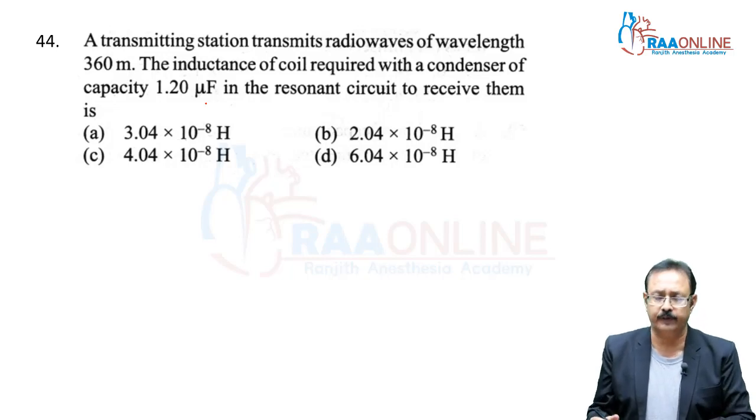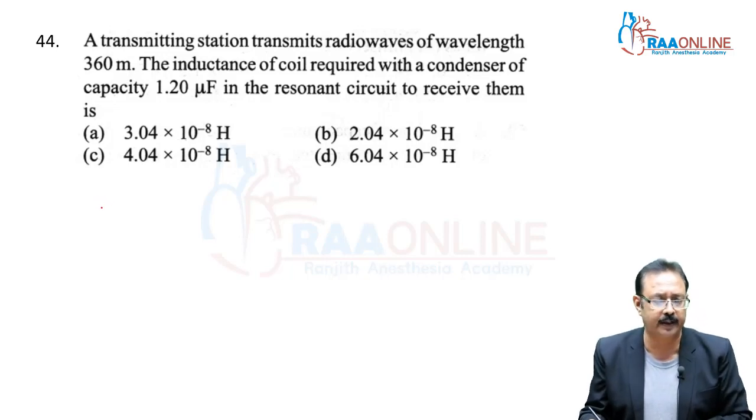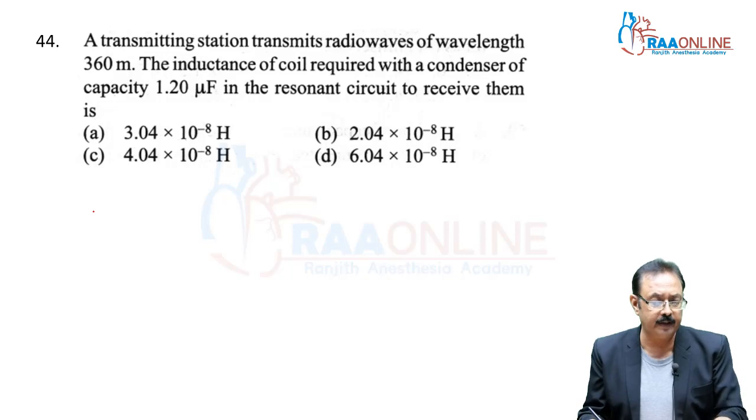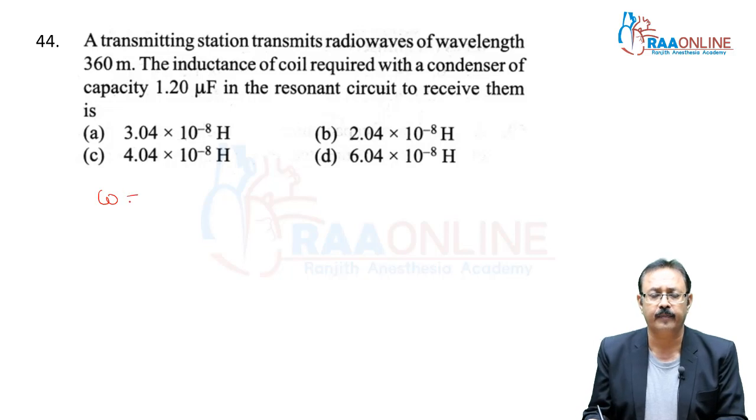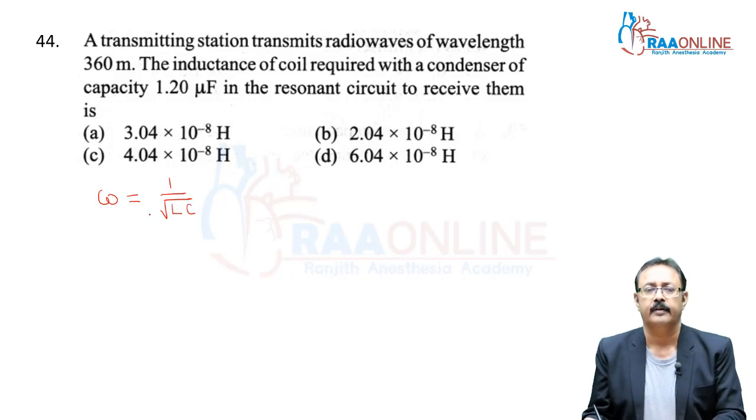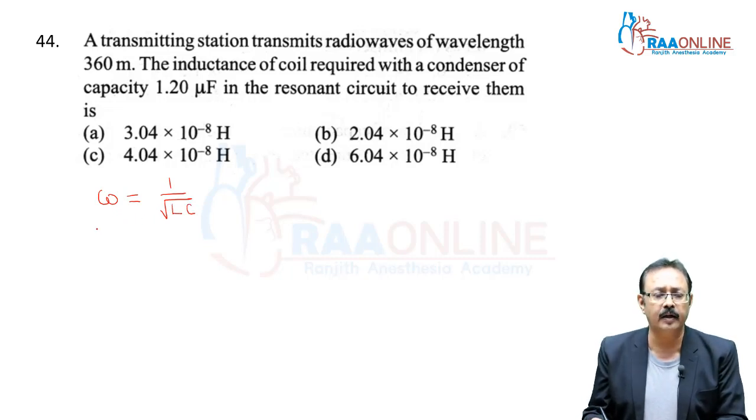We know that for resonance, omega should be 1 upon root LC. Omega means 2 pi f.